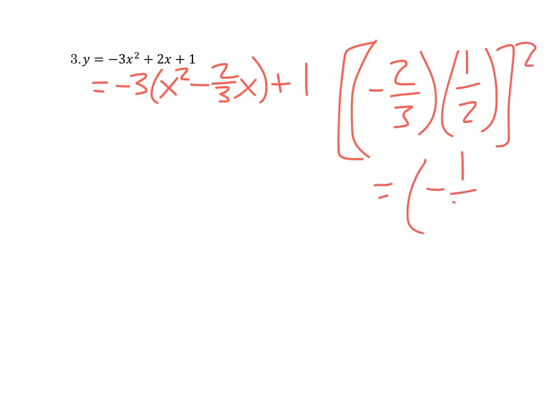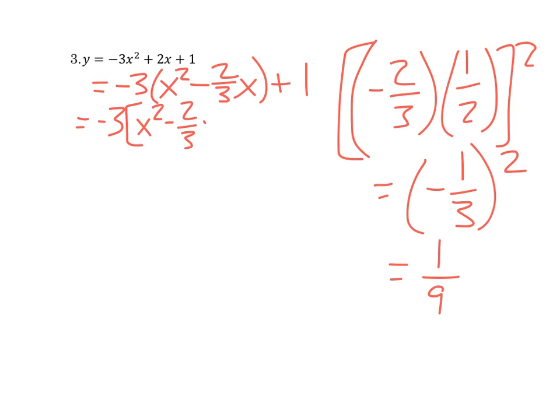That gives us negative 1/3, and we need to square it. So we end up with 1/9, and we have to add and subtract this from our equation. So we've created that perfect square trinomial that now we can try to factor.